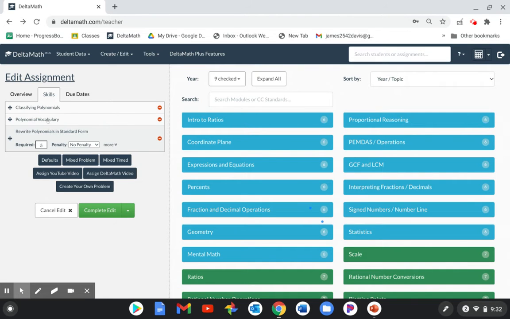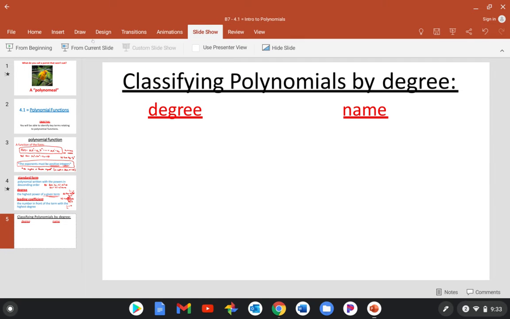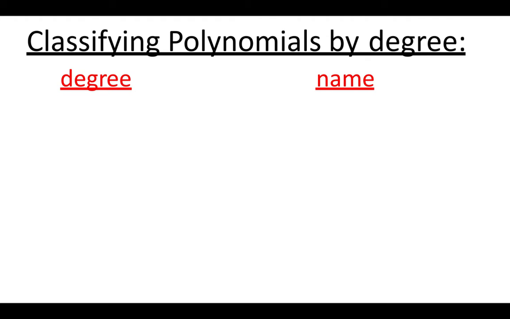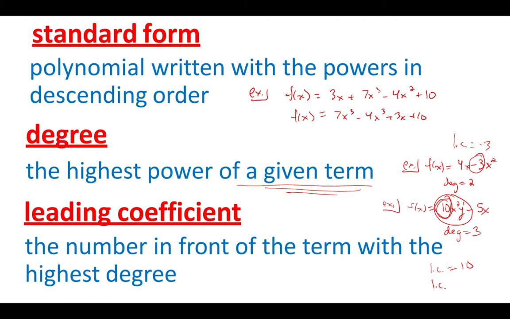All right, and then for our last one, I want to show you just a few more vocabulary words here. When we talk about polynomials, there's certain words that we call them based on their degree. So we're going to go over those real quick here. First of them would be a degree of 0.